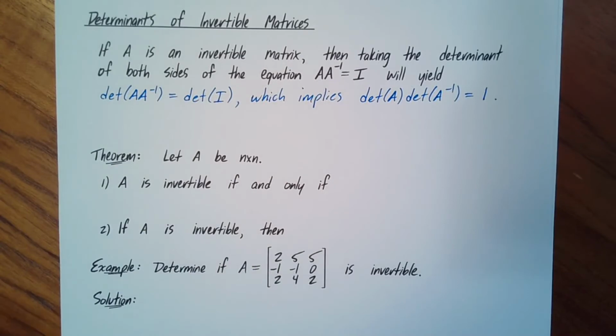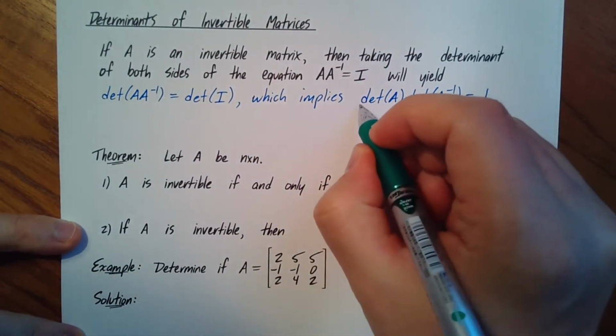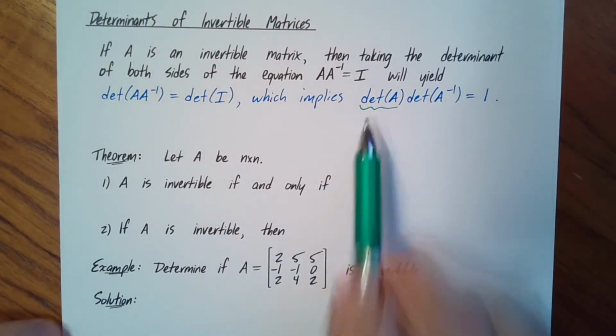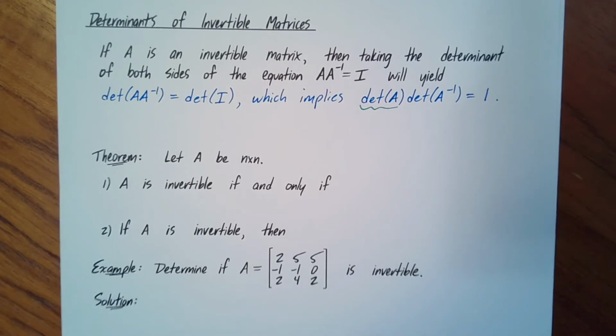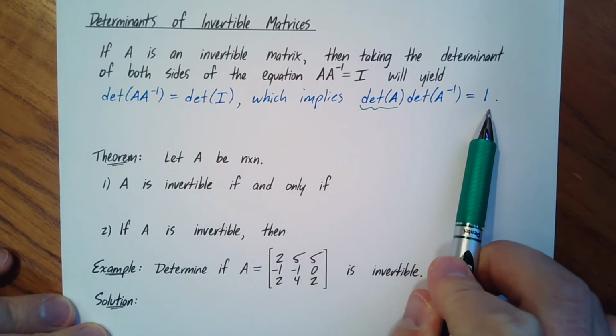Now what is the point of this? Well, there's a couple things you can get from here, but the first observation you can make is that the determinant of A is not equal to 0. It cannot be equal to 0. It could be anything at this stage, since we don't know what the matrix A is. It could be absolutely anything except the number 0. And why can't it be 0? Well, if it were 0, how could this product give you 1?